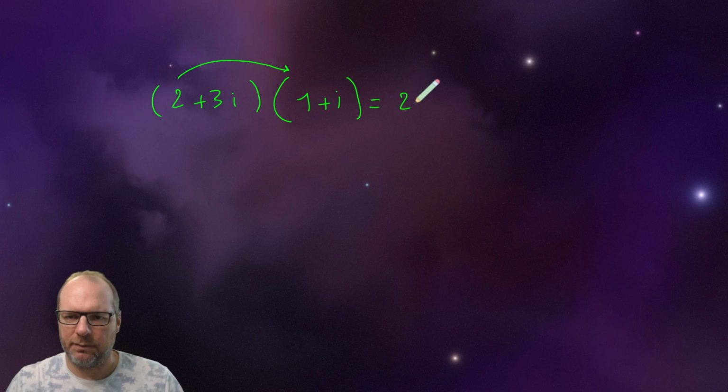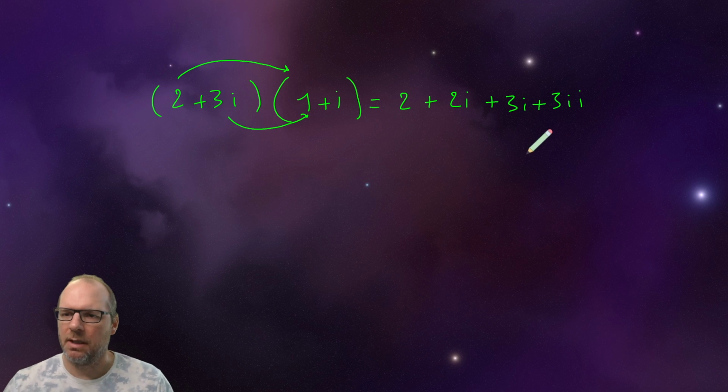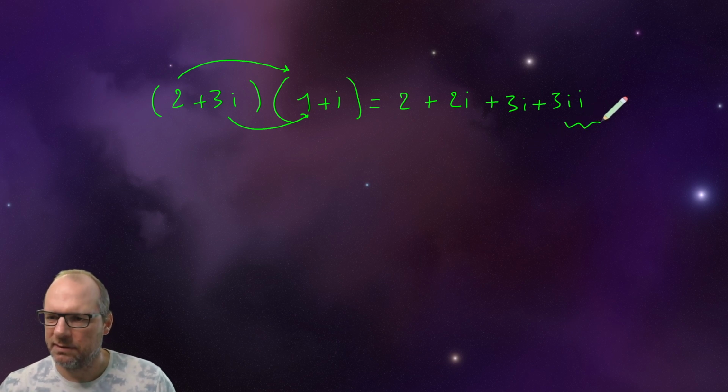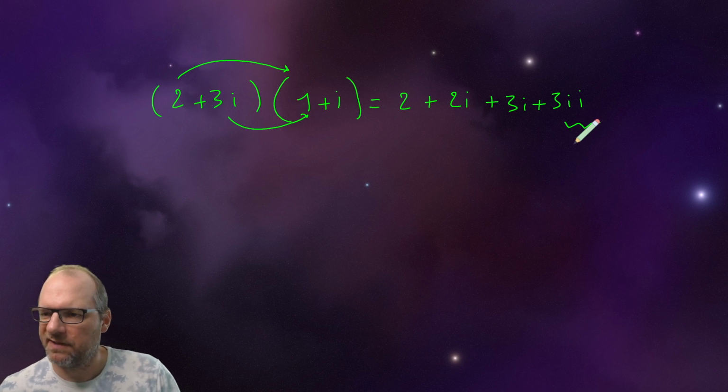You have 2 plus 2i plus 3i plus 3i times i. So what is this new symbol i times i?